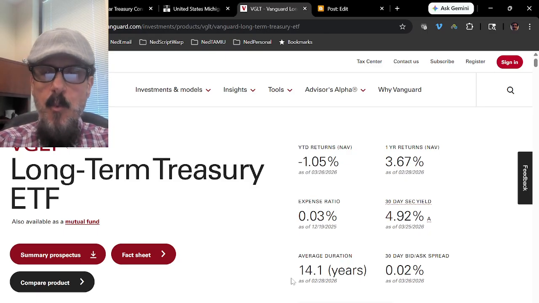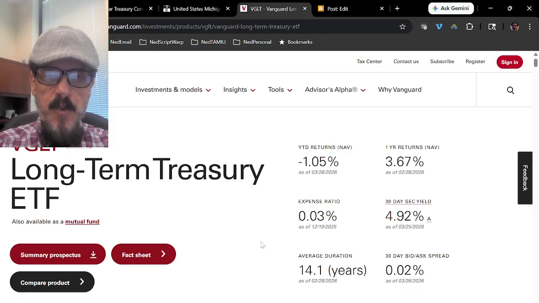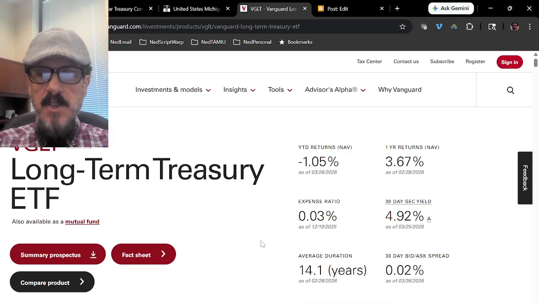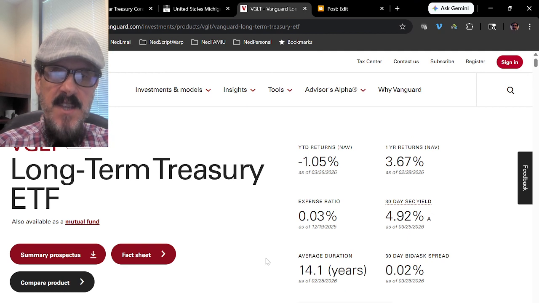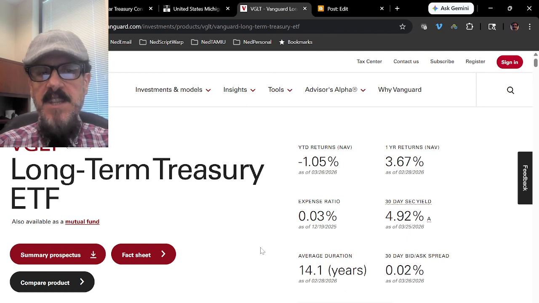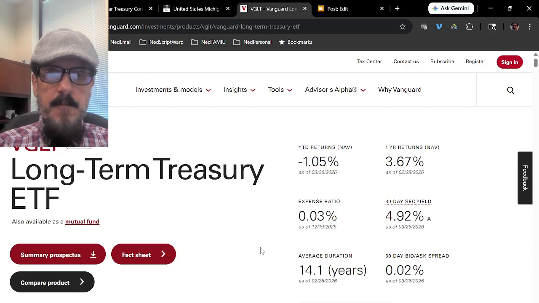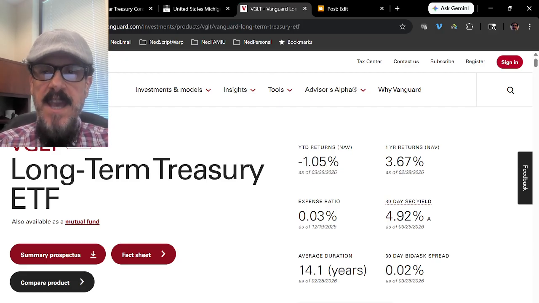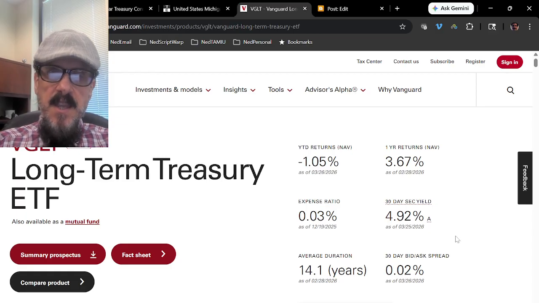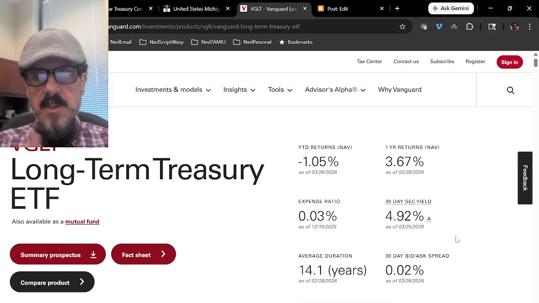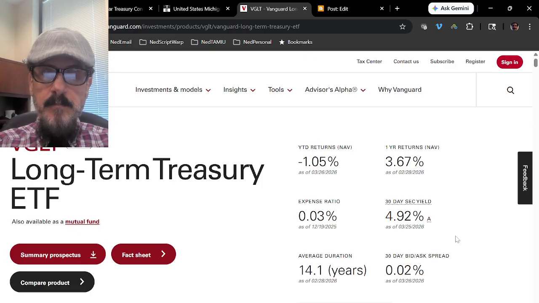And actually, what you get in price appreciation is 14.1%, which is the average duration. So this is why it's important to understand this number. And keep in mind that as one buys the VGLT, one gets this interest yield, which is quite reasonable right now, almost 5%.